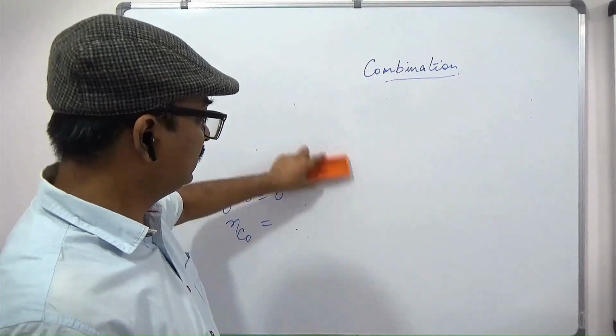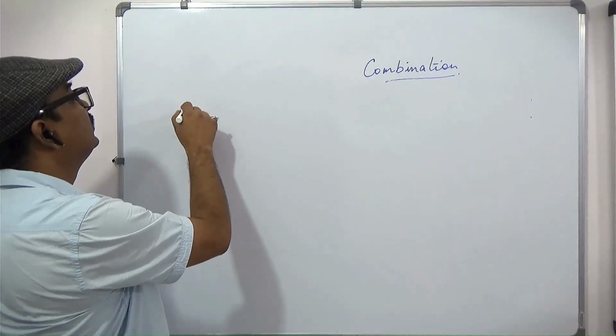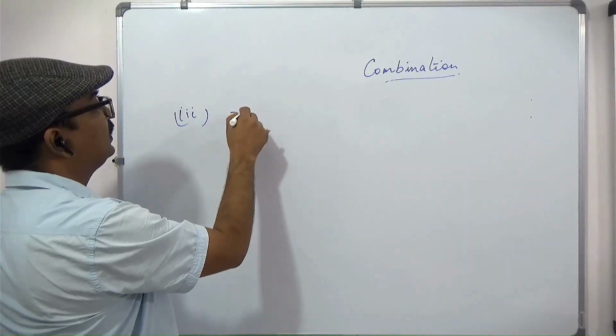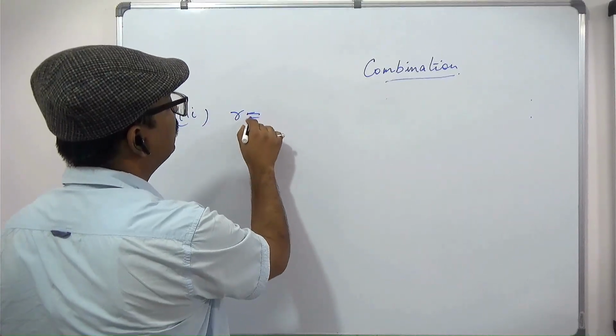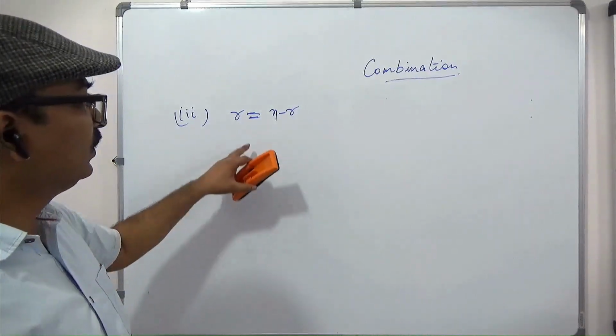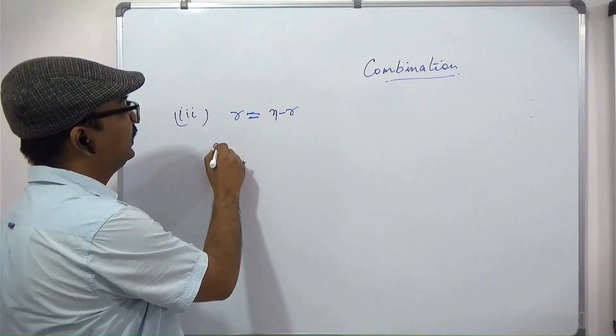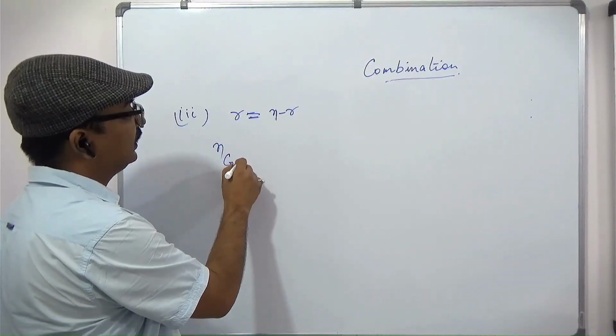Another very interesting observation is when r is equal to n minus r. What will be the value? We have nC(n minus r).